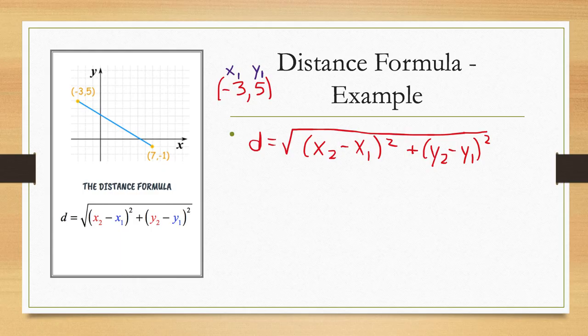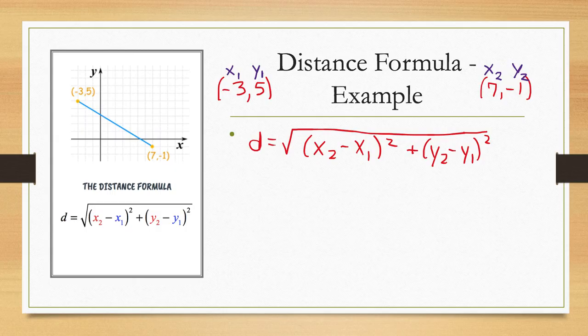It's my first point, so it's my first x and my first y. My other point is the point (7, -1). Since this is my second point, it contains the second x, so x2, and the second y, so y2.